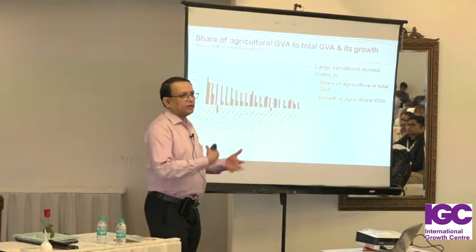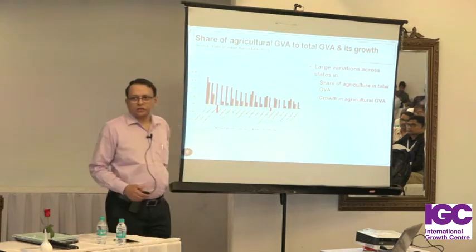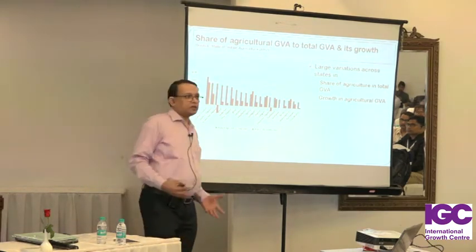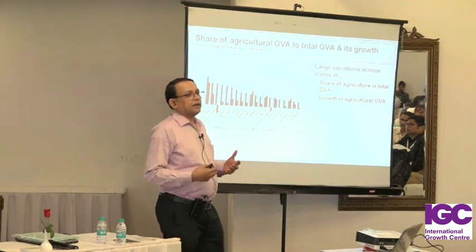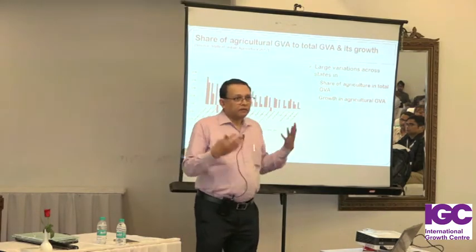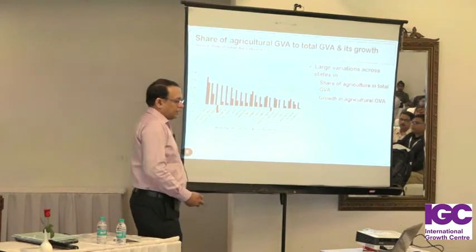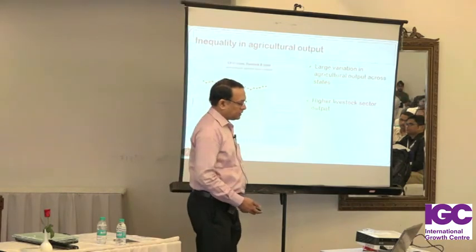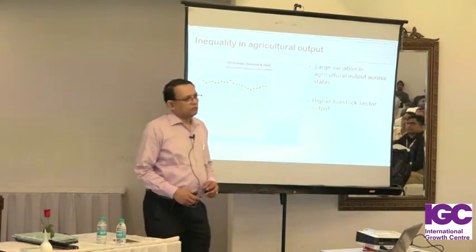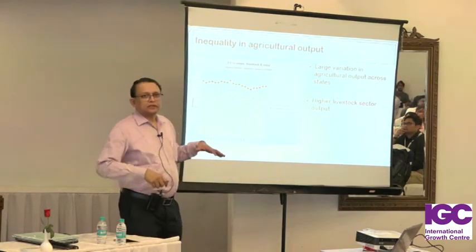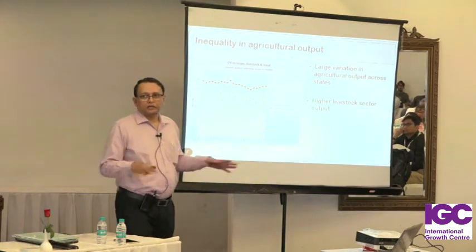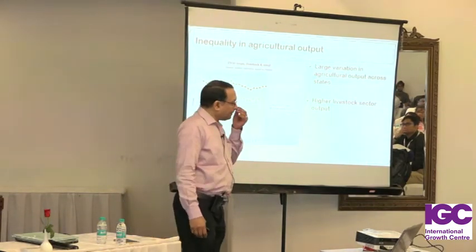So in terms of growth rates also there is variation. It's not like in a particular year every state is growing; some states see a decline. In that sense there is a lot of variation across states.